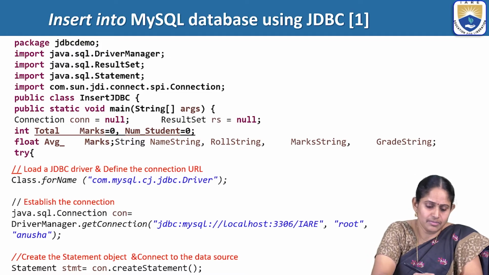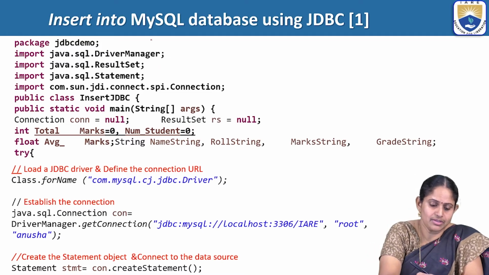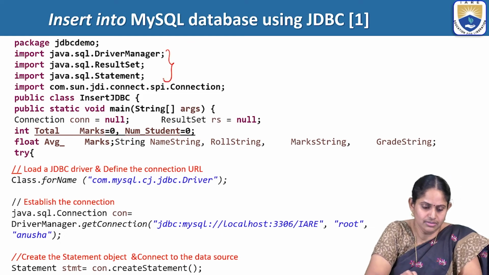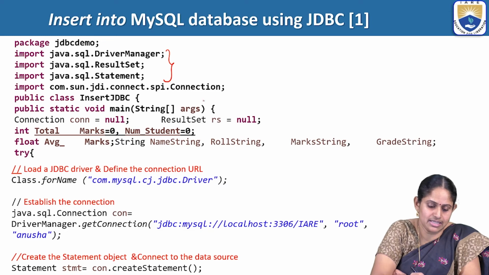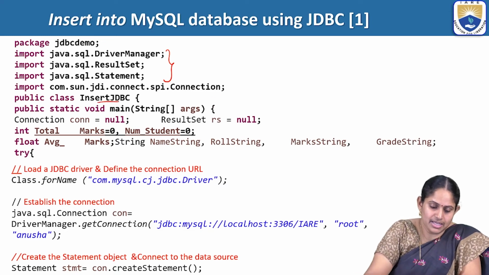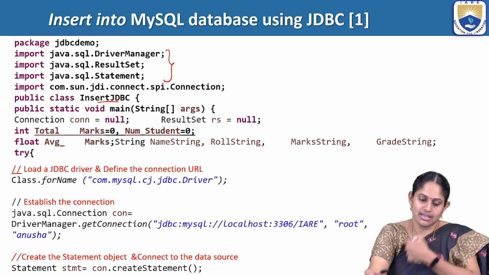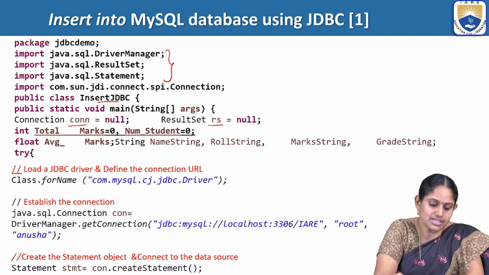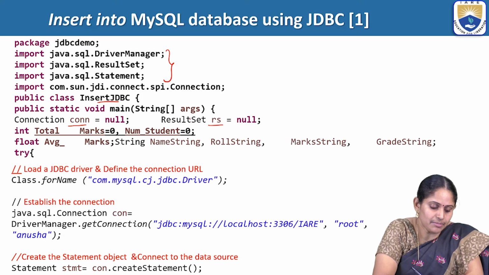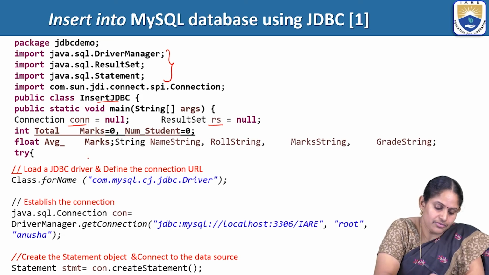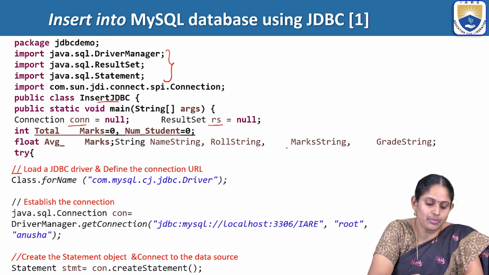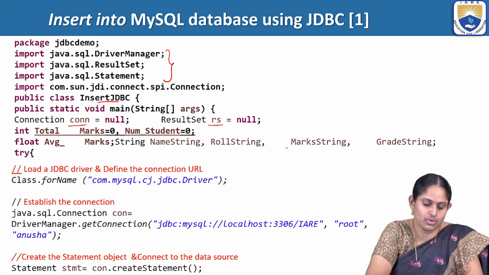Here we have to import all these classes and interfaces. Then this is my class. I am creating a connection object and a result set object which is initialized to null. Then I'm creating some variables which I will be using in my program.